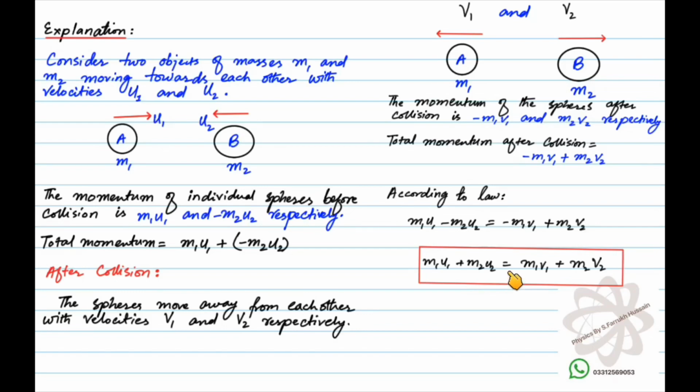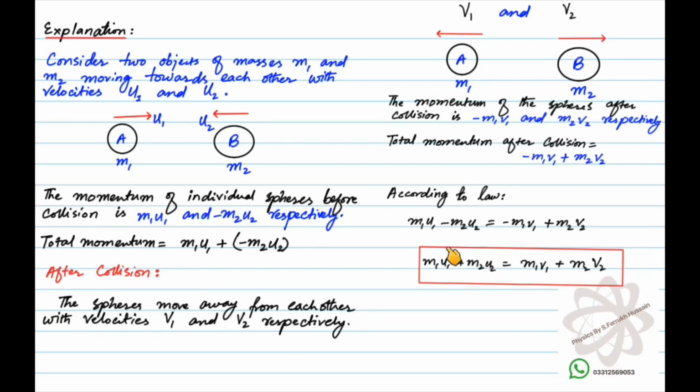So this is the main equation which you have to use. If the examiner says that the two objects are of the same mass, you will not write 1 and 2 with masses. So you will write m u1 plus m u2 is equal to m v1 plus m v2.